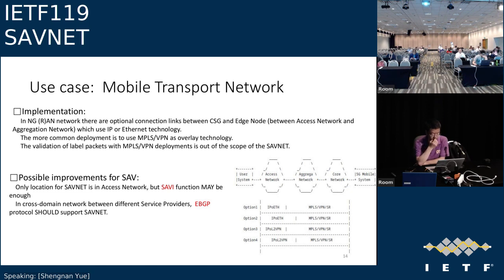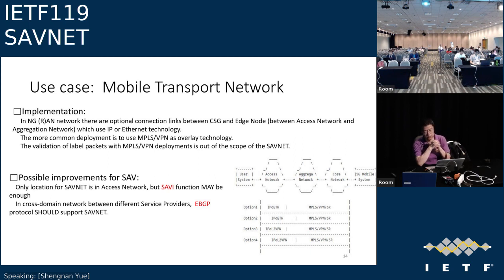In a mobile transport network, there are optical connections between CSG and edge node, that is between the access network and the aggregation network, which use IP or Ethernet technology. Their common deployment is to use MPLS VPN as overlay technology, and the validation of label packets where MPLS VPN is deployed is out of scope of the Savnet.